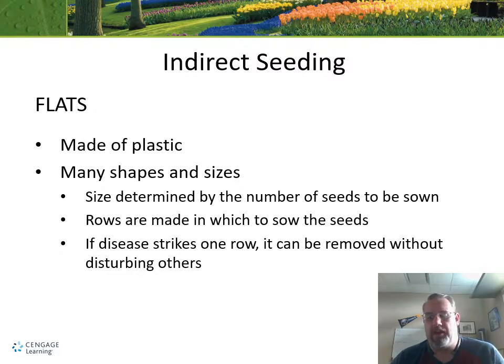Sometimes they are divided. You may have seen these in the store where you can get like a 6-pack of, say, tomato plants, and they're all the same tomato plant. You push on the bottom, you remove the tomato plant from the 6-pack, and then you can plant it into the garden or wherever you would like to plant this.